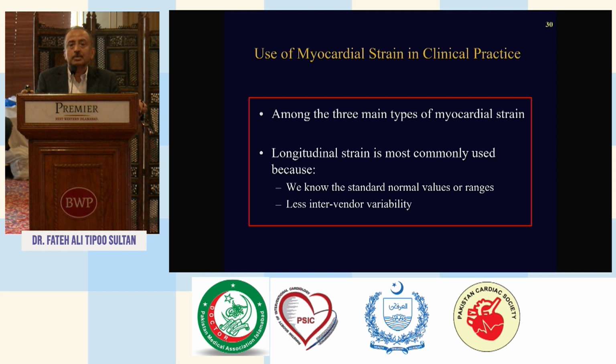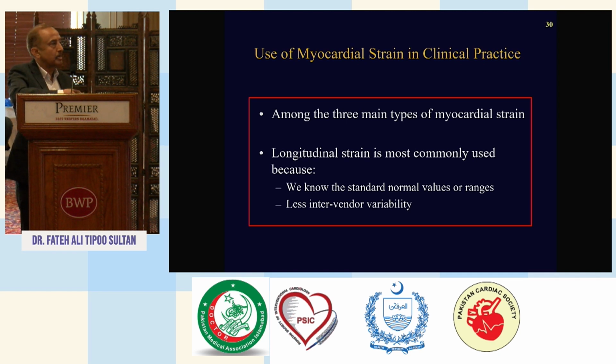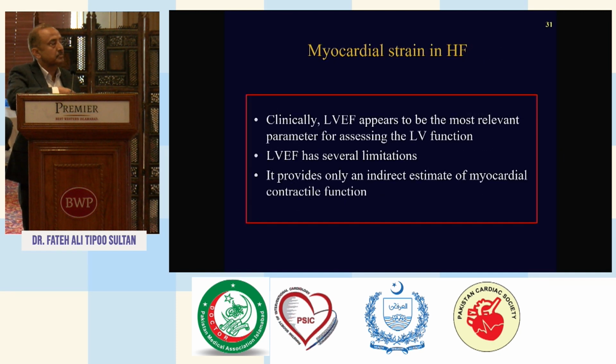But for longitudinal strain, we know the standard normal values, and as well as for longitudinal strain, there is less inter-vendor variability. So it is now more practical, and you can do longitudinal strain in any patient coming with heart failure.